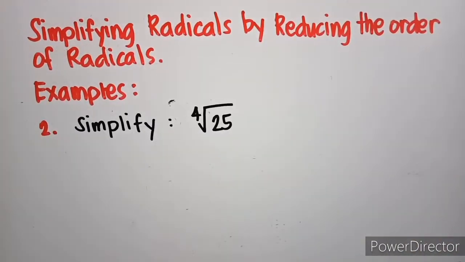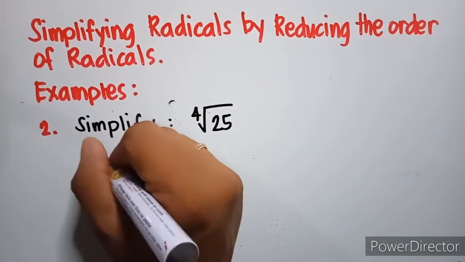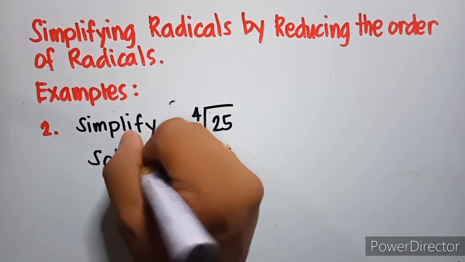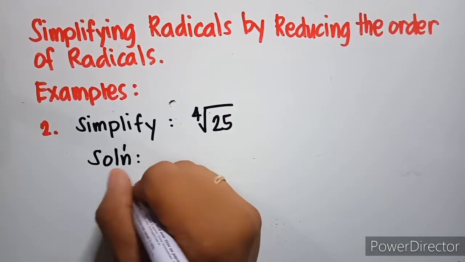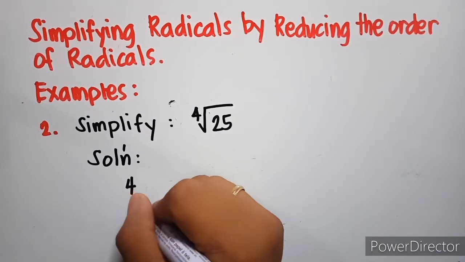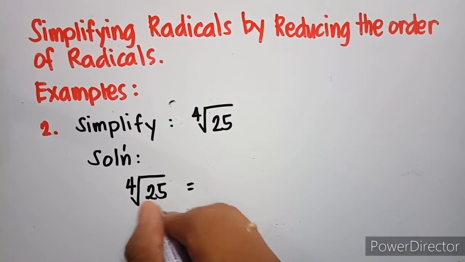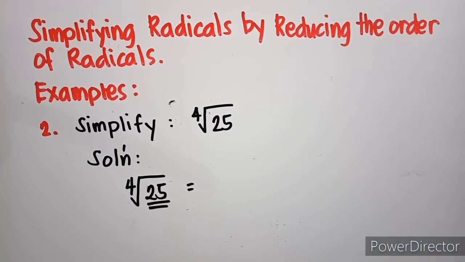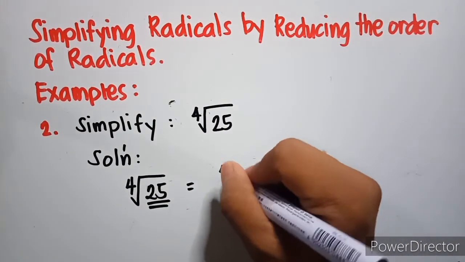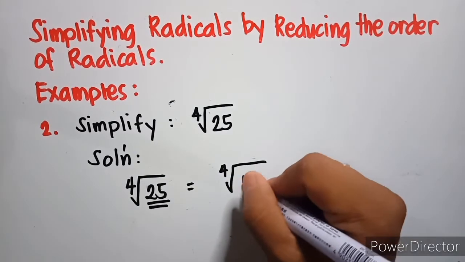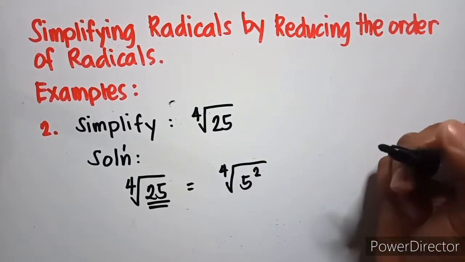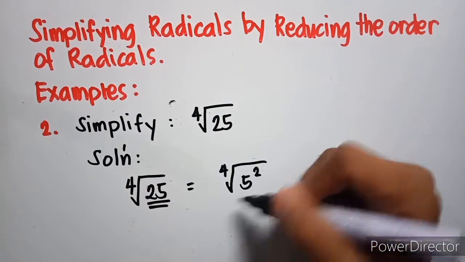Example number 2. Simplify 4th root of 25. Our solution. So we have 4th root of 25. So we can rewrite 25 with exponent. So we can have 4th root of 5 squared. So 5 times 5 is 25.